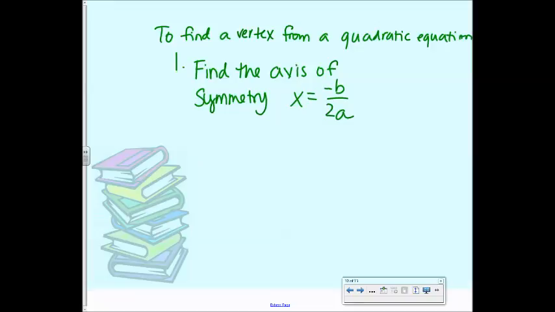If I have an x and I need a y, what should I do to find the y? Yeah, just plug it in. So the second step is plug in the x into your quadratic. And that'll give you the y.